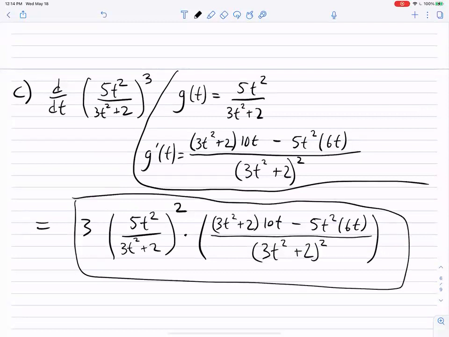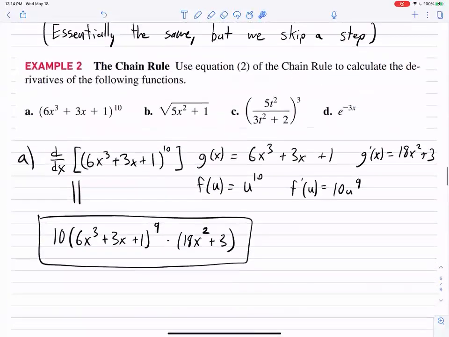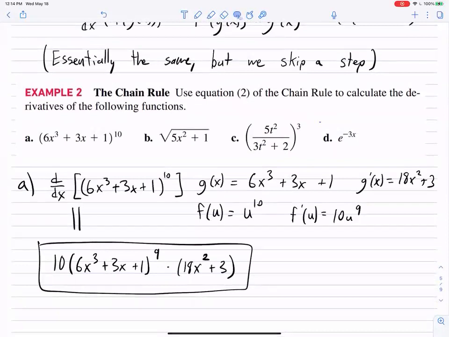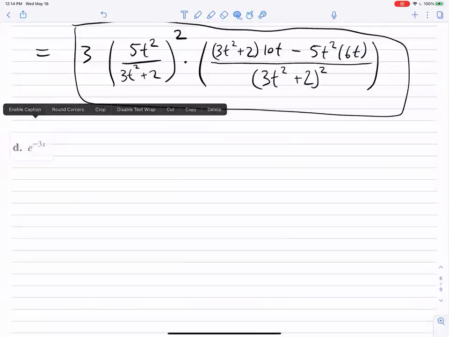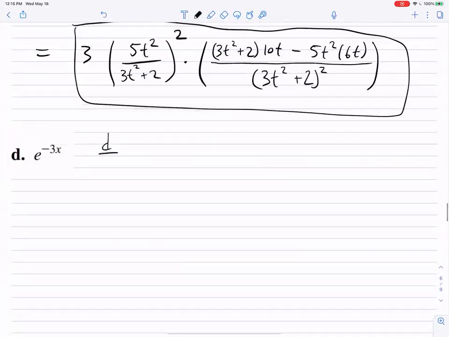It's the derivative of the outside function, which is 3, evaluated at the inside function, times the derivative of the inside function. That's the chain rule. And I have space for one more, so let me do this last one. We're going to take d dx of e to the minus 3x.